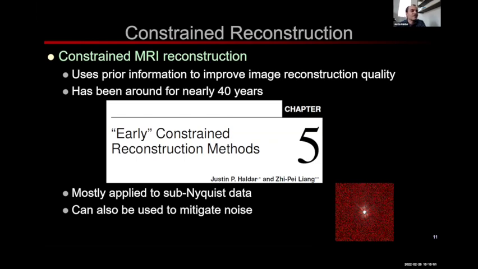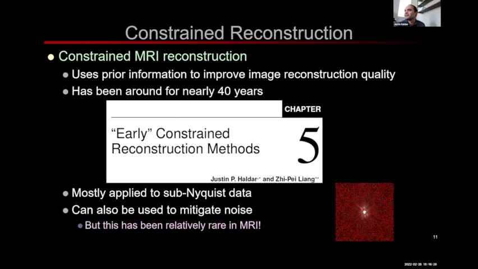It's important to understand that this type of approach can also be used to mitigate noise. The same constraints we use for acceleration can also be used to mitigate noise. And this has been widely done in other imaging modalities. Things like PET have used constraints to mitigate noise for a very long time. But it turns out that it's a relatively rare thing to see constraints used for noise mitigation in MR.